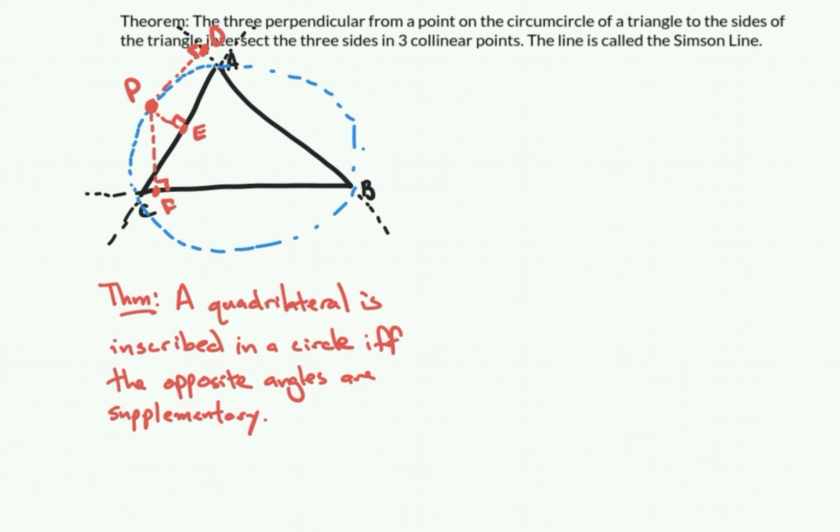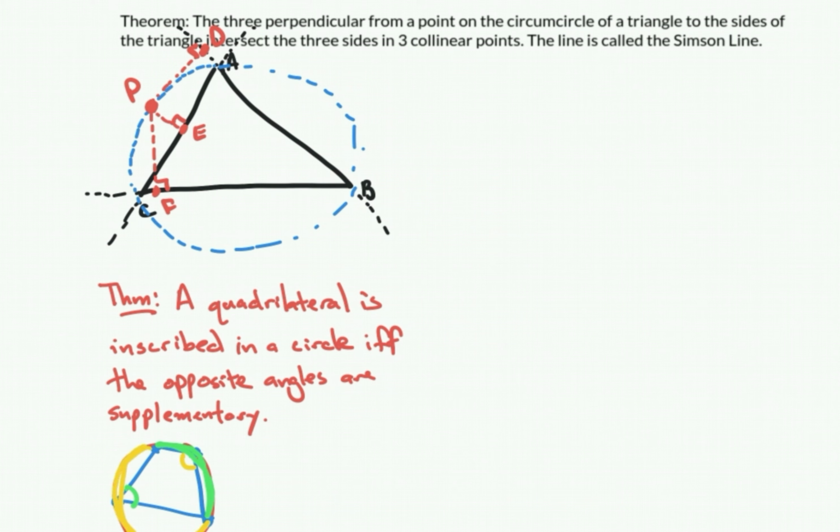Right. Now, the reason for this is if we have some circle, it's a really good circle, we have 4 points on it, so we have a quadrilateral here. Well, if we look at opposite angles, like look at this angle right here, it intercepts this arc right here. Now, if we compare that to the opposite angle, it intercepts this arc right here.